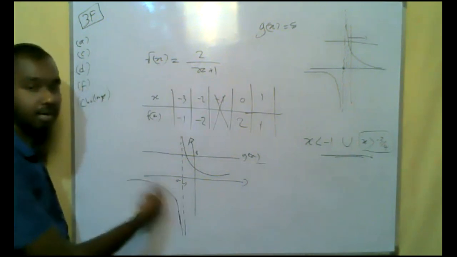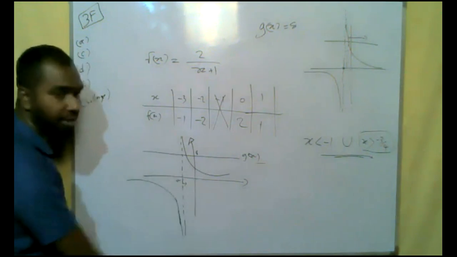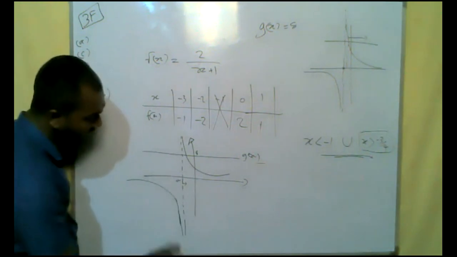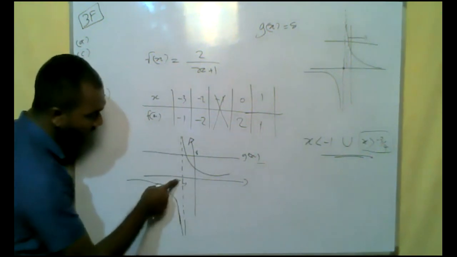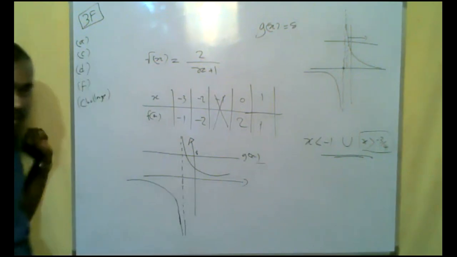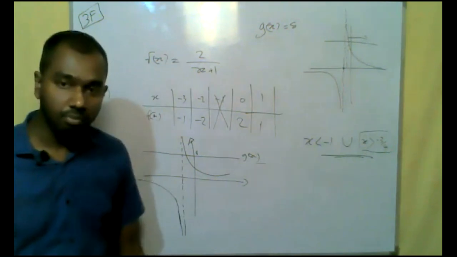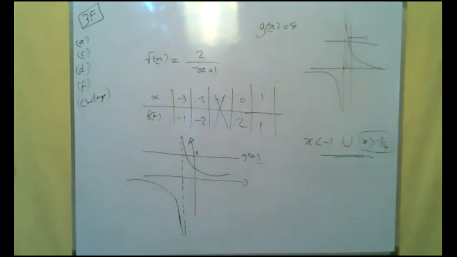So we can't have 2 points of intersection. Actually, this graph is not a continuous graph. We call it an asymptote at x equals -1. We will discuss this in the future lessons. Okay. If it is still not understandable, don't worry because we will discuss this a lot in the future. Just have some rough idea.